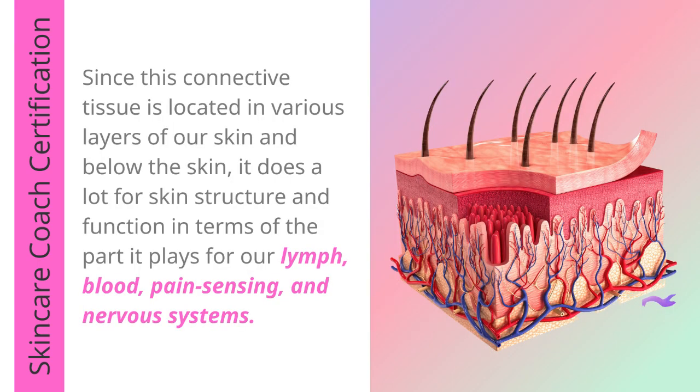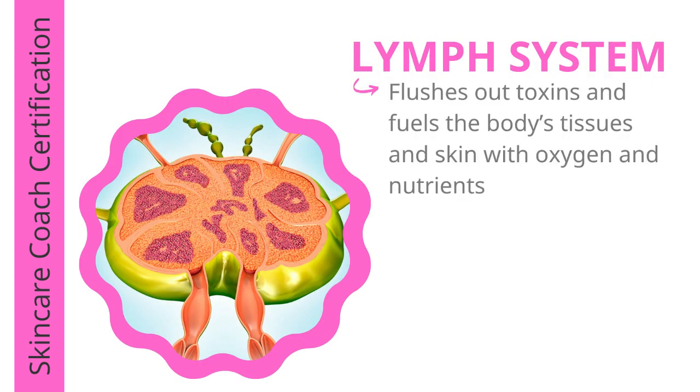This connective tissue is located in various layers of our skin, below the skin, and it does a lot for the skin structure and function in terms of the part it plays for our lymph, blood, pain sensing, and nervous systems. Your lymph system is actually instrumental in flushing out toxins, and it also fuels the blood's tissues and skin with oxygen and nutrients.